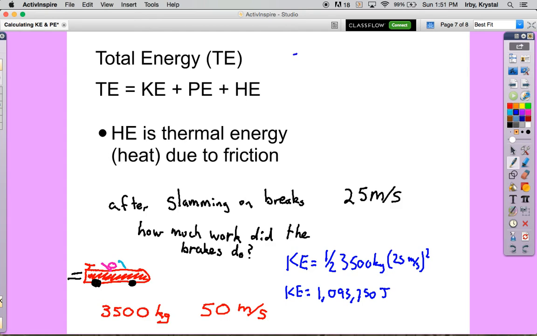So the total energy is equal to the kinetic energy plus the heat energy. There's no potential energy because I'm not off the ground any distance. So the total energy was 4,375,000 joules, and that's equal to 1,093,750 joules plus the energy that was lost as heat.